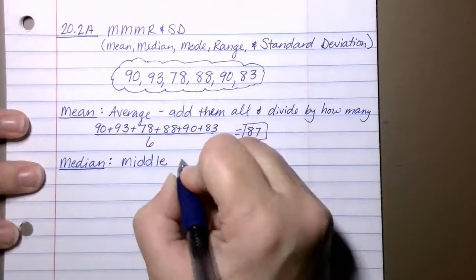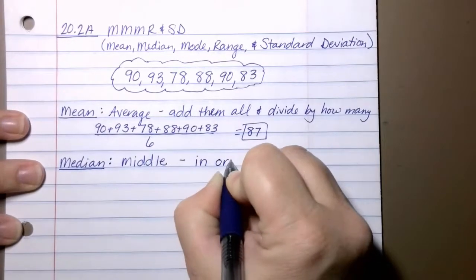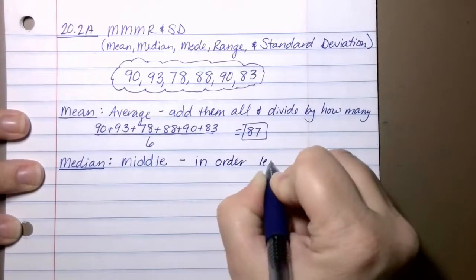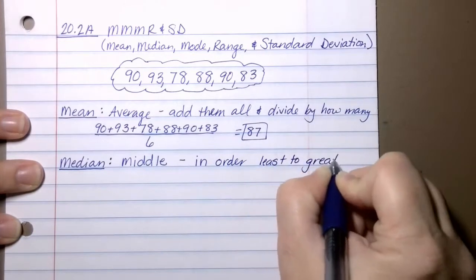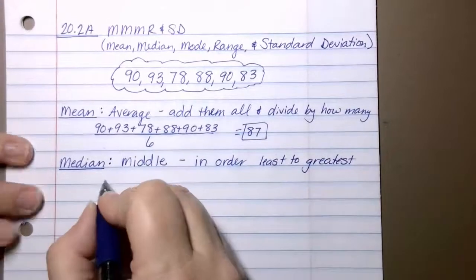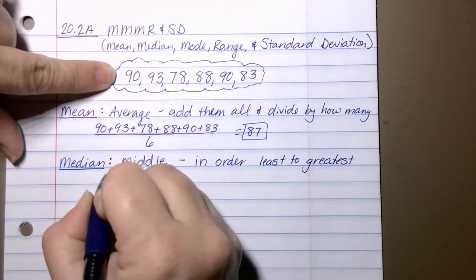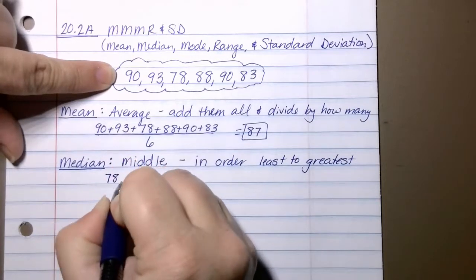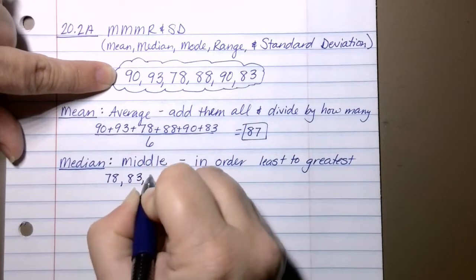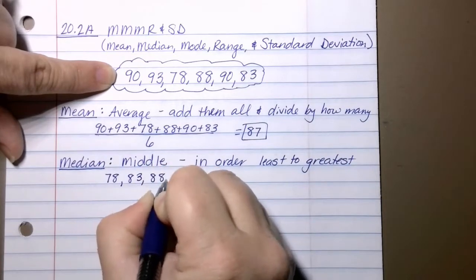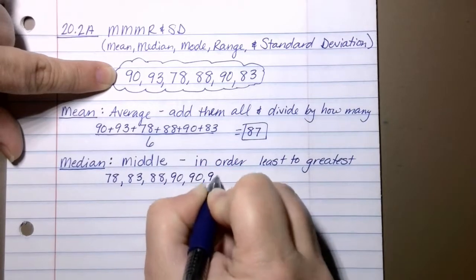When we're finding the median, we have to have all the numbers in order, least to greatest. So I'm going to rewrite my numbers, all 6 numbers here, in order. Smallest one we know was 78. And then what? 83. And then 88. And then 90, 90, 93.